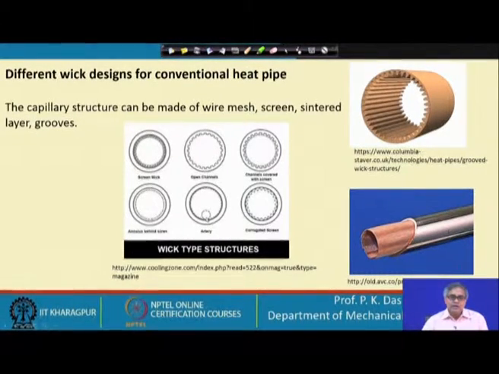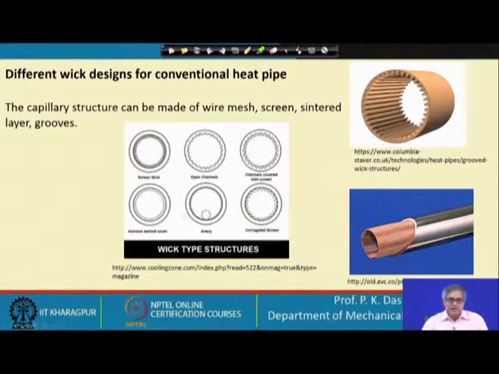There we need good thermal control and good reliability, and for that we have to ensure a very efficient and reliable return path of the liquid. So, here there is a structure called an artery. There could be different kinds of artery structures. Through the periphery the liquid comes back, and through this arterial structure also there will be some return of the liquid.